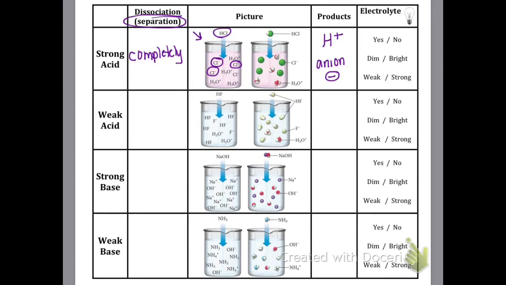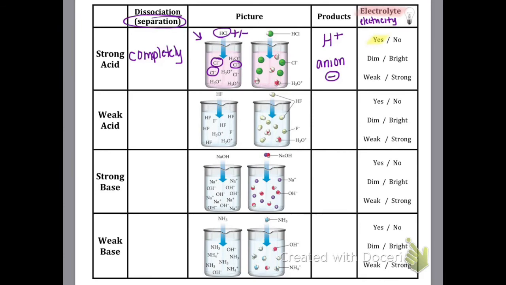Now, remember from last unit, if you have a positive and a negative charge, you can produce electricity. Remember, electrolyte, you're going to think electricity. And so here are 3 questions. Does it produce electricity? We say yes, because we have positive and negative charges.